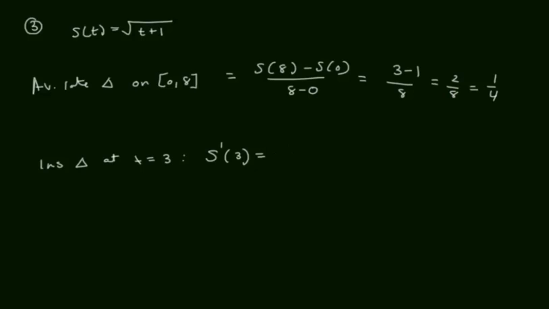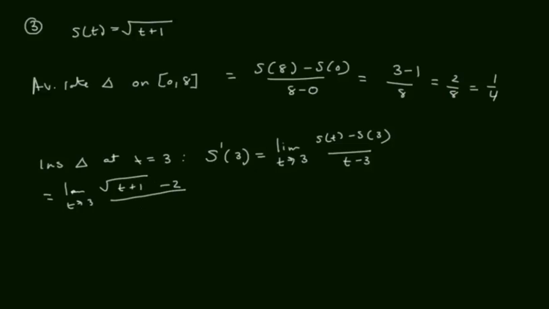Again, I'm using the alternate definition here. The limit as t approaches 3, s of t minus s of 3 all over t minus 3. And let's do some plugging in here. So that's going to give us the limit as t goes to 3, the square root of t plus 1 minus 2 over t minus 3.